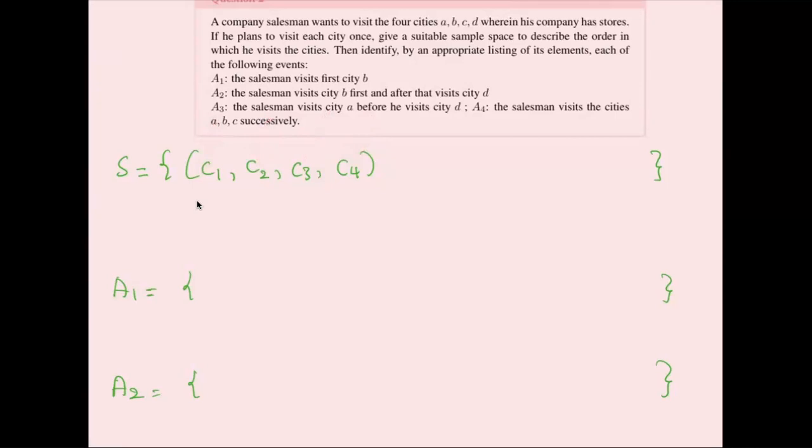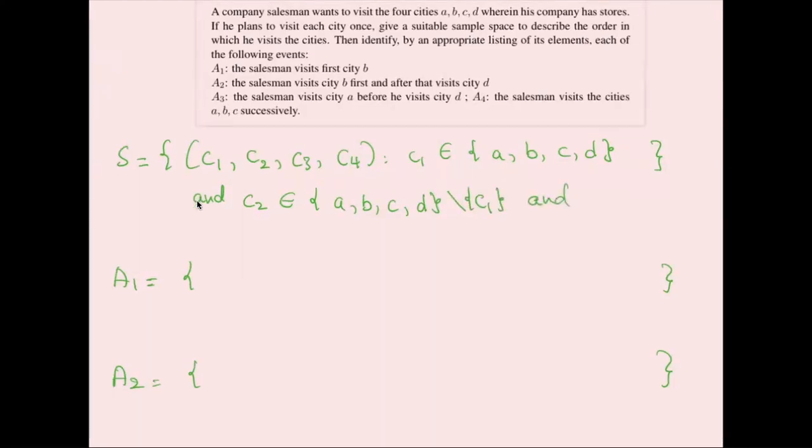So our set will contain a tuple of 4 elements such that CD1 can be any CD from A, B, C, and D. And then CD2 can be any CD from A, B, C, and D, excluding CD1.